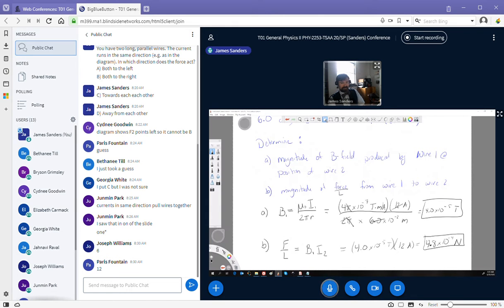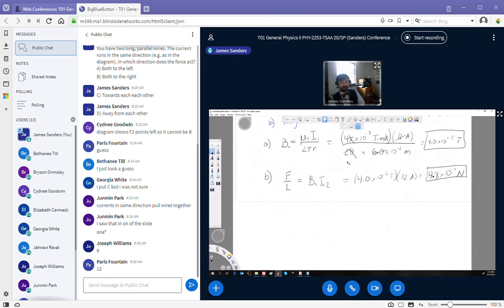Why is the charge of an electron or of a proton such a weird number? It's not even a round number. It's 1.60, next digit's a 1, then there's another digit, and so on, times 10 to the minus 19 coulombs.